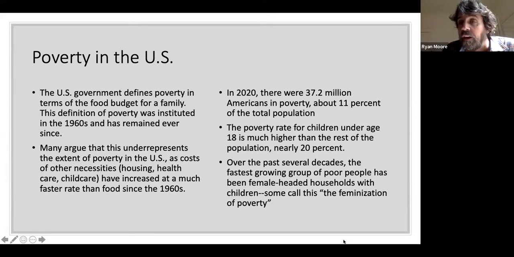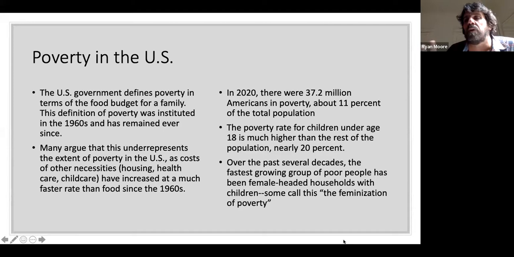Even with all that said, in the last census, there were approximately 37 million people in America, about 11% of the total population, who were officially defined as poor based on their income or lack of income.